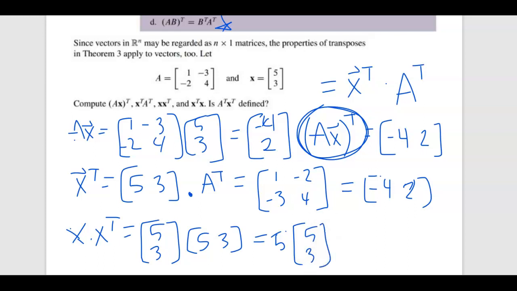And then 3 times this other vector. If you go back to some of the other work that we've done here, let's make this a big 2 by 2. This is a 2 by 1 times a 1 by 2, so we're going to end up getting a 2 by 2. So this first one's just going to be multiplied by 5. And then my second column vector is multiplied by 3.